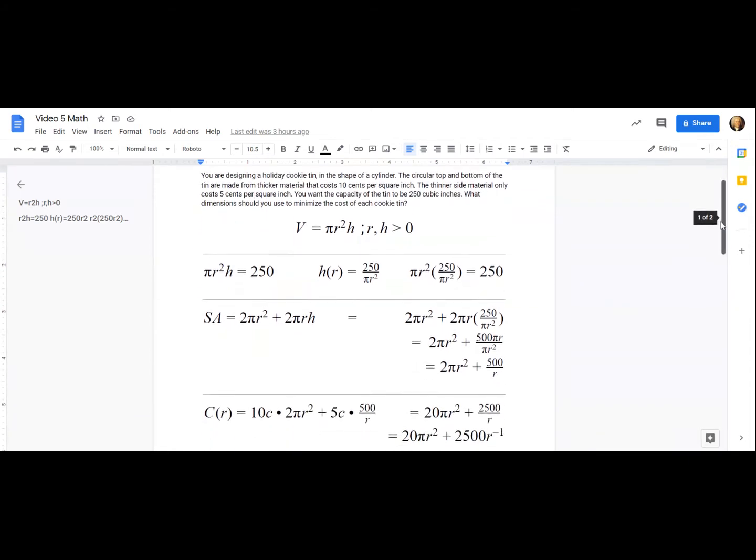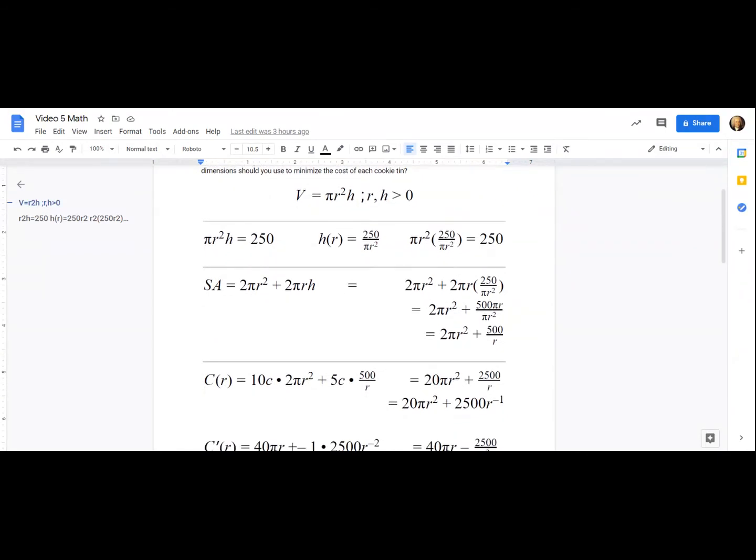Now, to calculate the surface area, we have to take the area of the two bases, or the two circles, so that is 2 times pi r squared, so that covers both circles, plus the area of the rectangle in between the two circles, which is the circumference of a circle, 2 pi r, times the height of the cylinder.